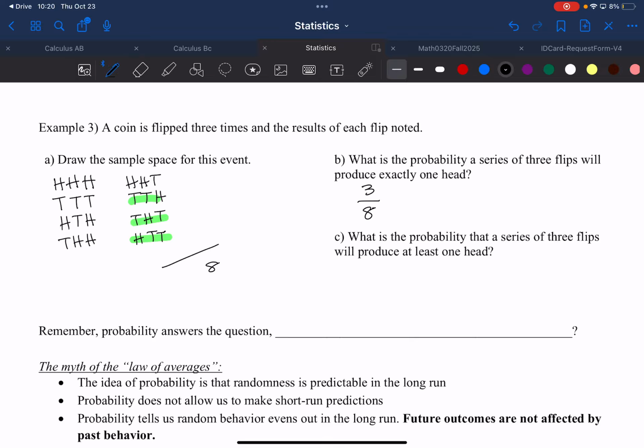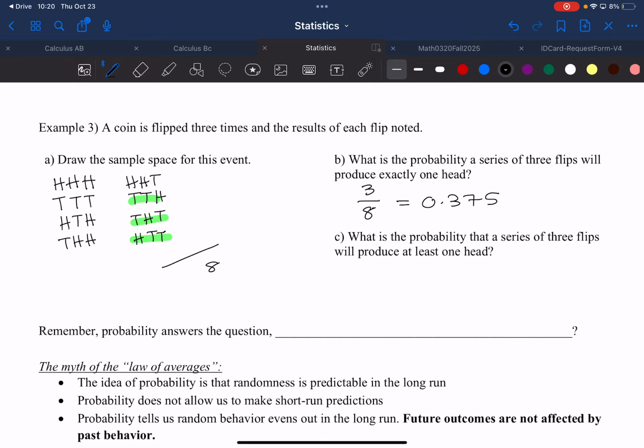There were 8 sample spaces, 8 different ways that we could flip those 3 coins. So this gives us 0.375, which means there's about a 38% chance that when we flip all 3 coins, we'll produce exactly 1 head.